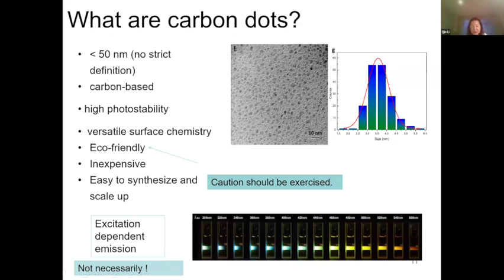In comparison to the heavy metal-based quantum dots, and also some metal oxide-based quantum dots, just by looking at the elements, they should be more eco-friendly. But I think toxicity is a different issue, and we should assess them case by case.